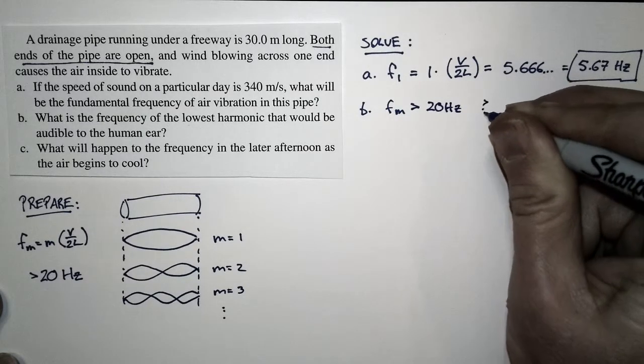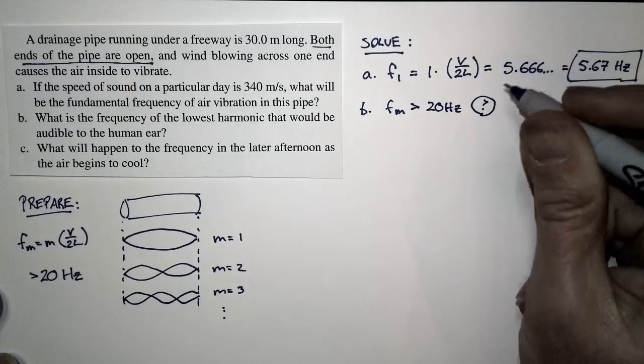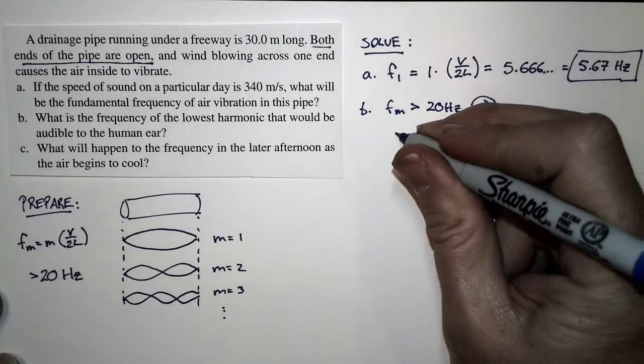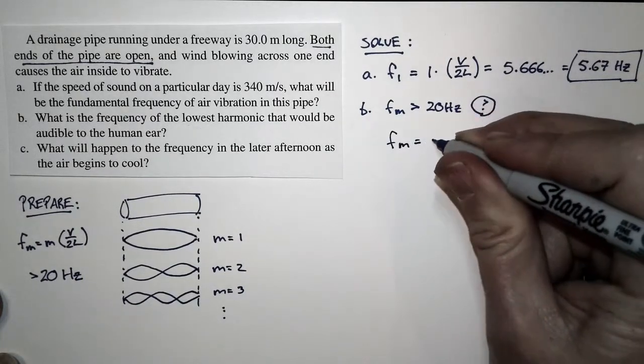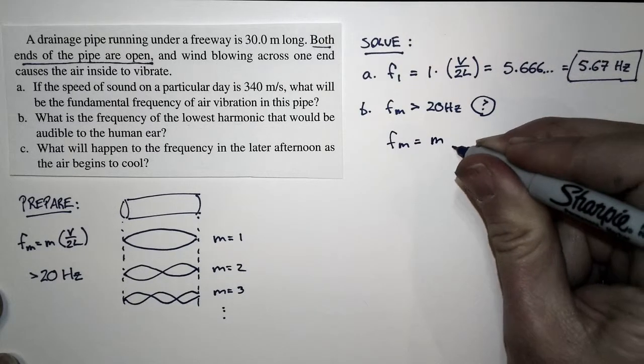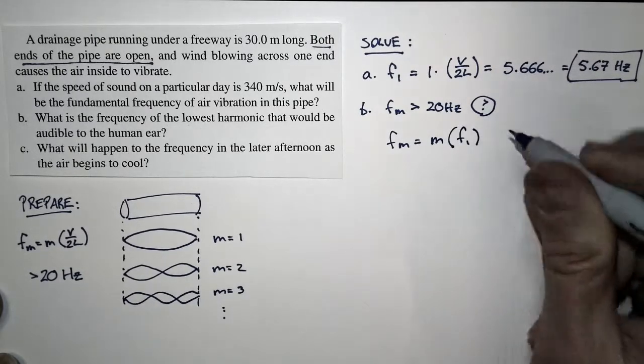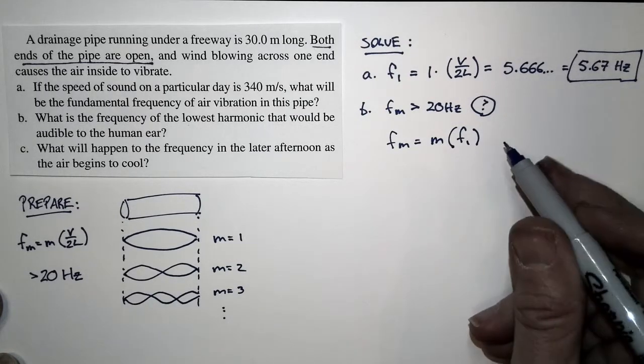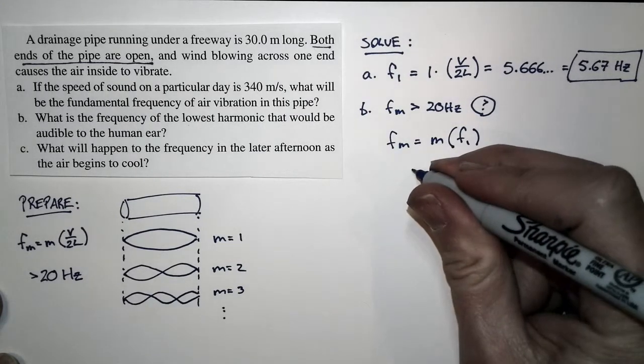Which mode is that? That's what we're trying to figure out. Well, notice this. f_m is equal to m times v over 2L, so f_m is just equal to m times f1. We know what f1 is, 5.666, et cetera. So we can work out what the different modes are.